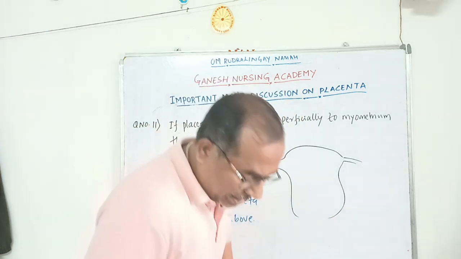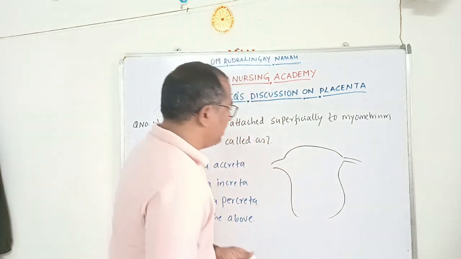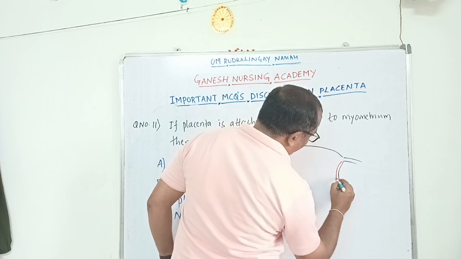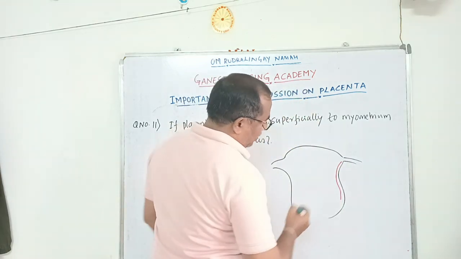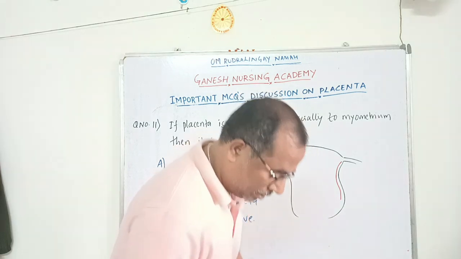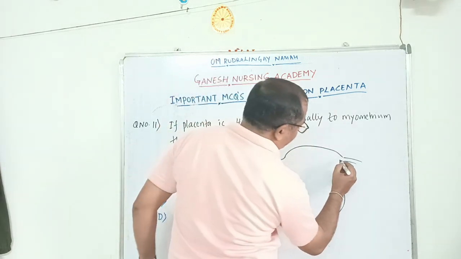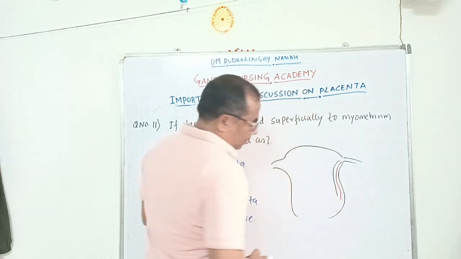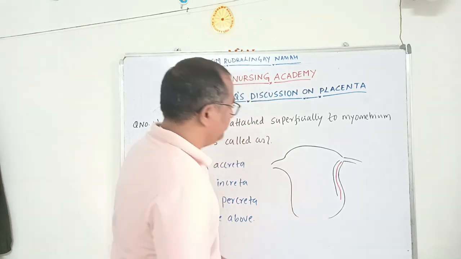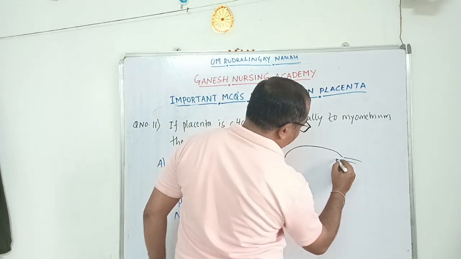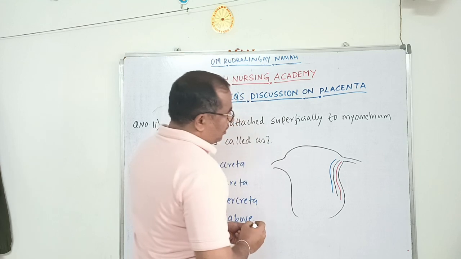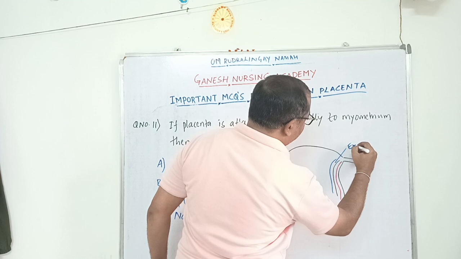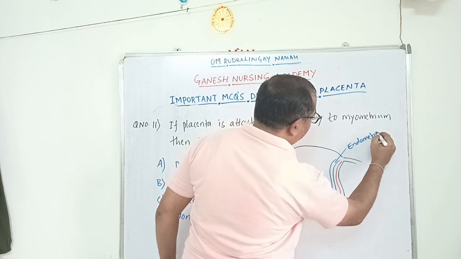The uterus consists of 3 layers. Okay, so what are the 3 layers here? One layer is this layer, called the endometrium.